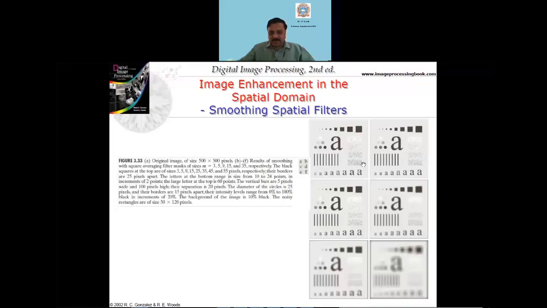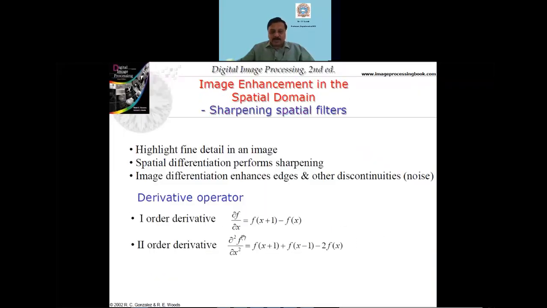As I increase the size of my smoothing filter, you could see that the noise is completely removed, but that is at the cost of removing edges. So when you are applying a low pass filter, you have to be very careful. You cannot increase the size of the kernel too much, because you will be losing the image features also along with the noise.